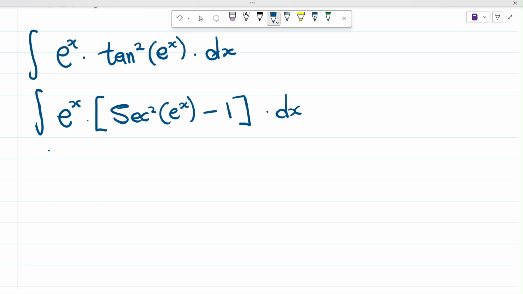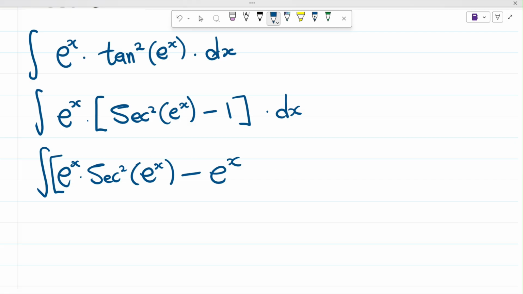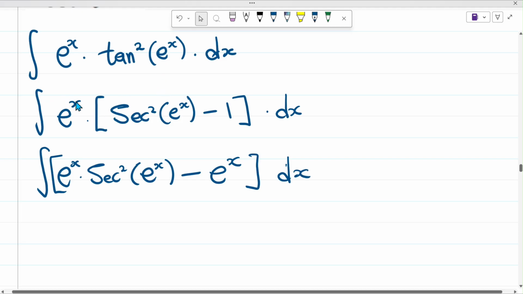And then I multiply the two there. I should get e to the power x multiplied by sec squared of e to the power x minus e to the power x, and then dx. So what did I do? I multiplied e to the power x with each and every term inside the brackets, and I got what I got there.